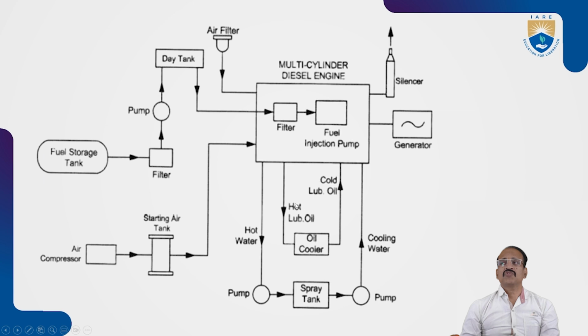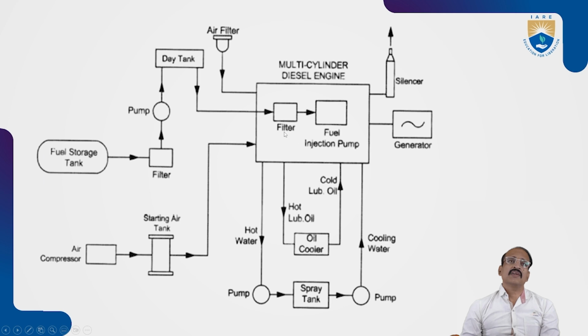Since there is so much mechanical movement in the engine, lubrication is needed, and that lubrication naturally gets heated because of the amount of energy released in the functioning of the engine. So it is taken and cooled in the oil cooler, and the cold lubrication oil is sent back to the engine.